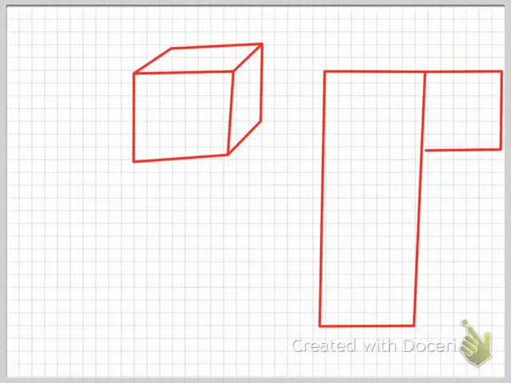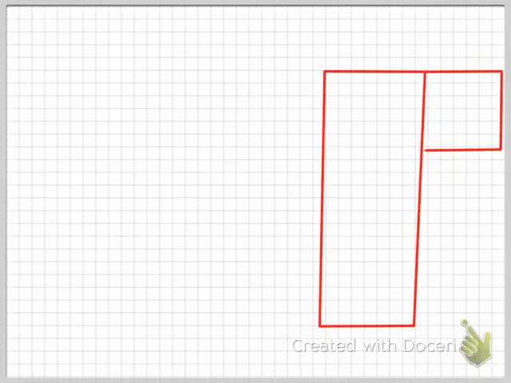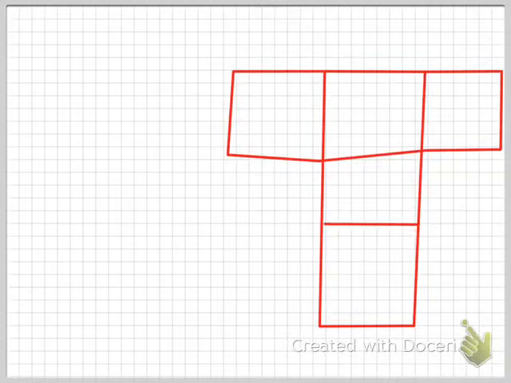Something like that. Does that make sense? It doesn't look great. I didn't draw that very well. But I cut out the sides, so all of a sudden you can see how many sides there are on this object. How many sides are there? 6, right? And then if you knew the dimensions of the object, you could find the area of each one of those squares.